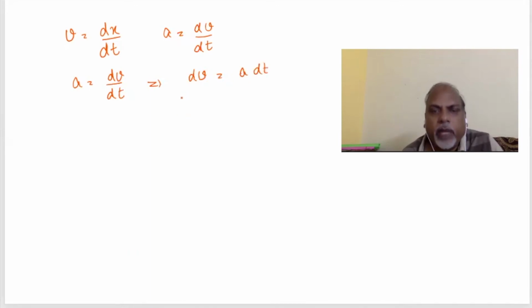And if we integrate it from v0 to v, dv is equal to, from 0 to t. That means at t is equal to 0, the initial velocity is v0. At t is equal to t, the velocity is v.